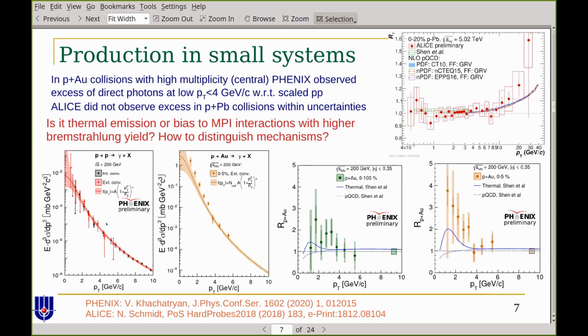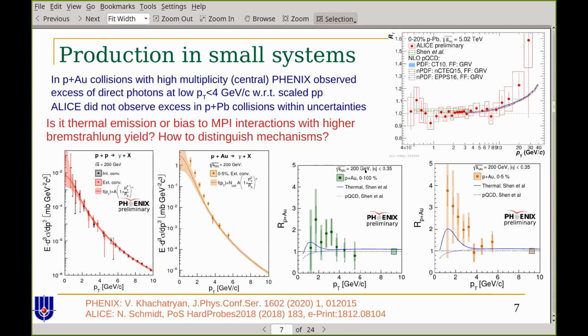So again, we measure direct photons in proton collisions at the same energy, parameterize it, and then measure the direct photon spectrum in proton-gold collisions and compare it to this parameterization scaled by the expected number of nuclear collisions in this proton-gold. And you see that at high pT, this expected yield agrees with the measurement, while at lower pT there is some excess.